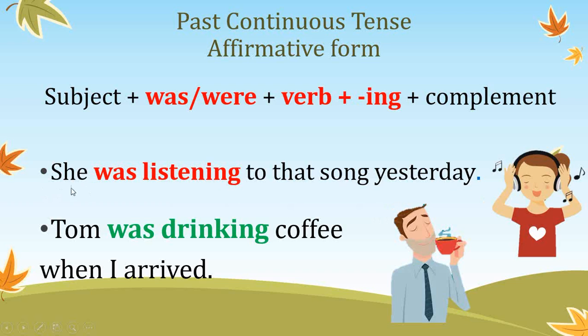Look, here we have the subject, she, the verb to be in past, that is was, the verb with the ing ending, listening, and the complement. Or, Tom was drinking coffee when I arrived. Here we have the subject, the verb to be in past, and the verb with the ending ing.